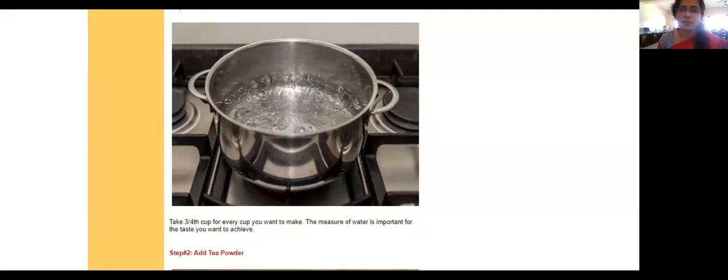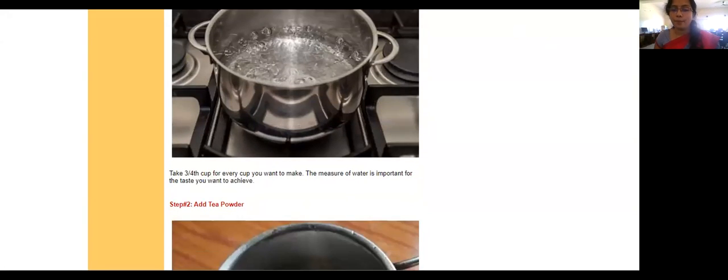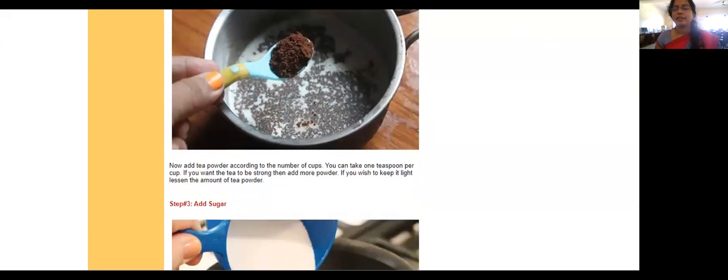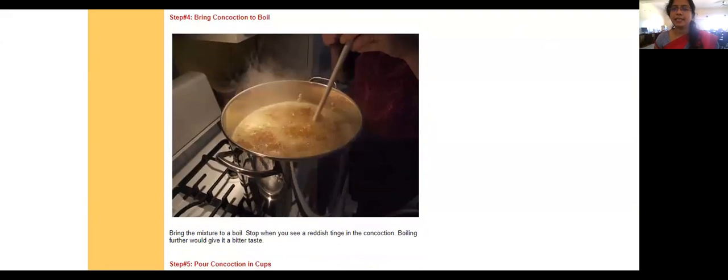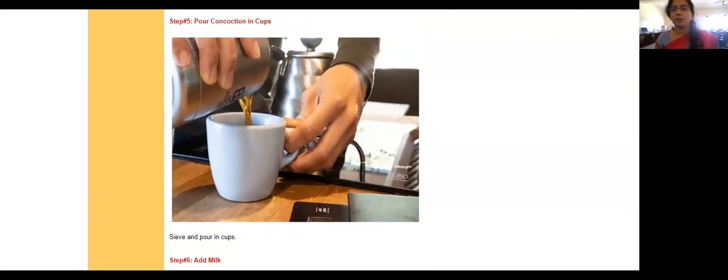So first, what are we doing here? The first step, we take an empty vessel, pour water in it, put it on the gas, switch on the gas and let it boil. Once the water comes to the boil, put some tea powder, sugar, milk, let it come to the boil and pour it into our cup.